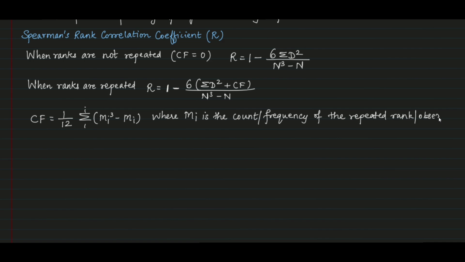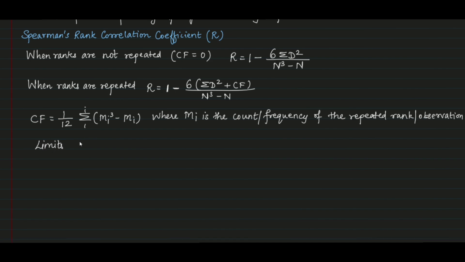I repeat, m_i is the count or frequency of the repeated rank or observation. It should not be the same as the repeated rank or observation. It is the count or the frequency.